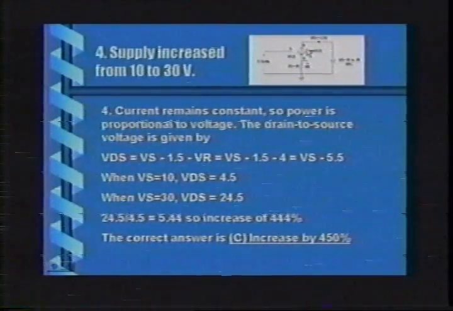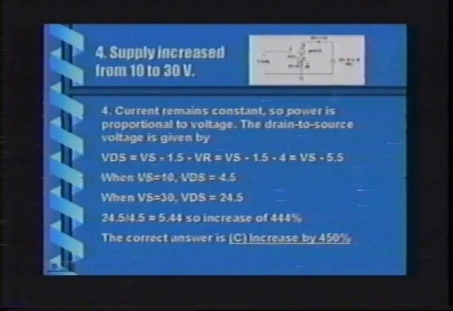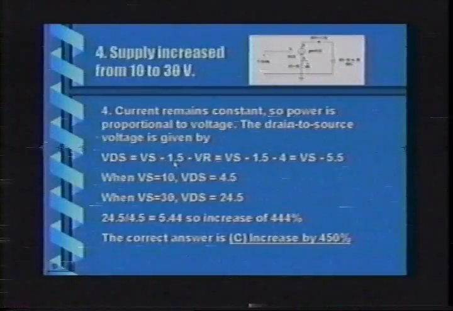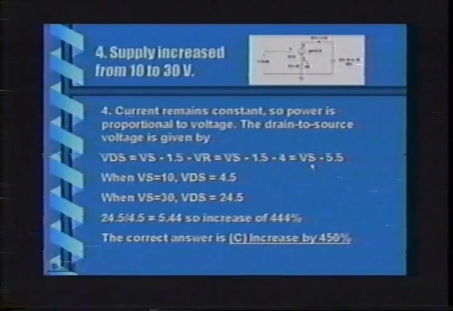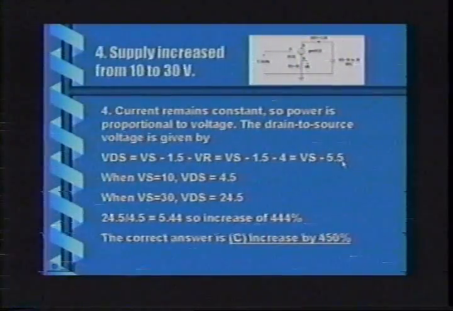This voltage is found simply by going around this loop, summing voltages. So the drain to source voltage is the variable supply voltage minus the voltage across the diode, 1.5, minus the voltage across the resistor, which we know is 4. So we get that the voltage from drain to source is the variable supply voltage minus 5.5.